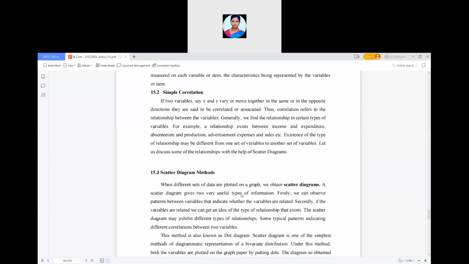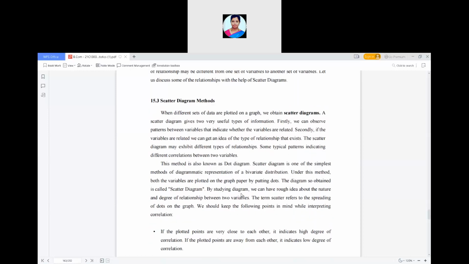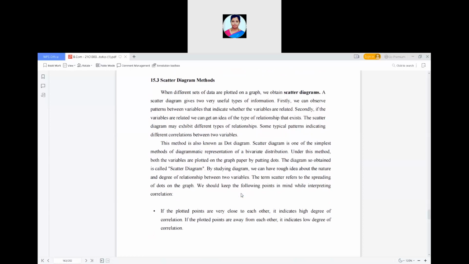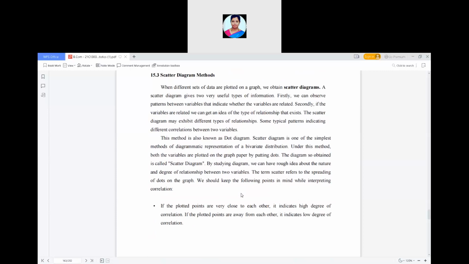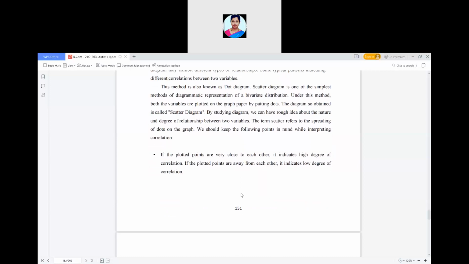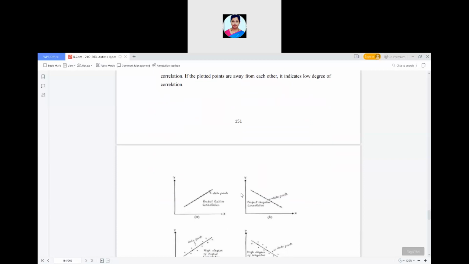We call this a dot diagram or scatter diagram. If the plotted points are very close to each other, it indicates a higher degree of correlation. Here we can say how they are correlated to each other, whether they are perfect positive or perfect negative.